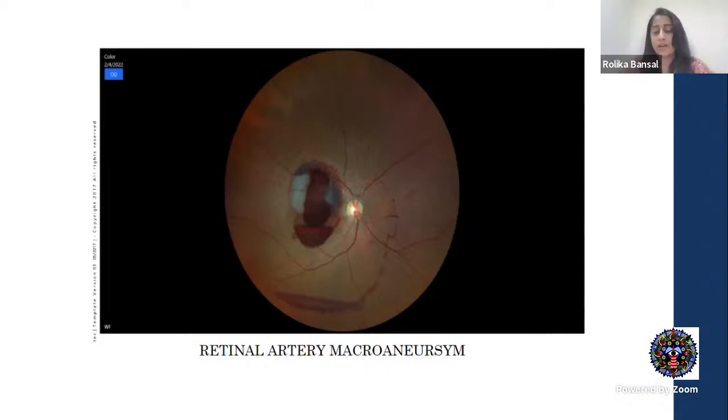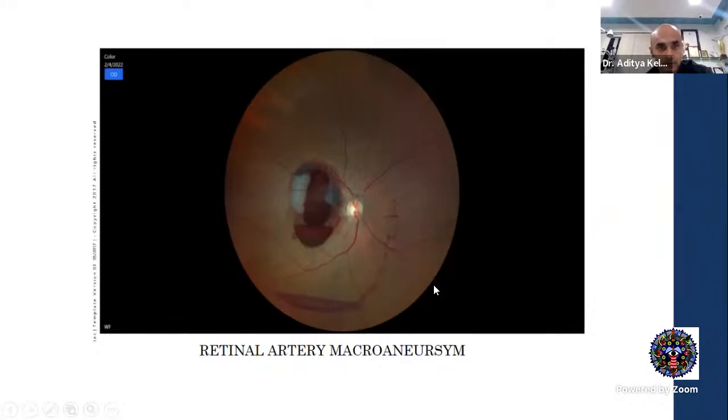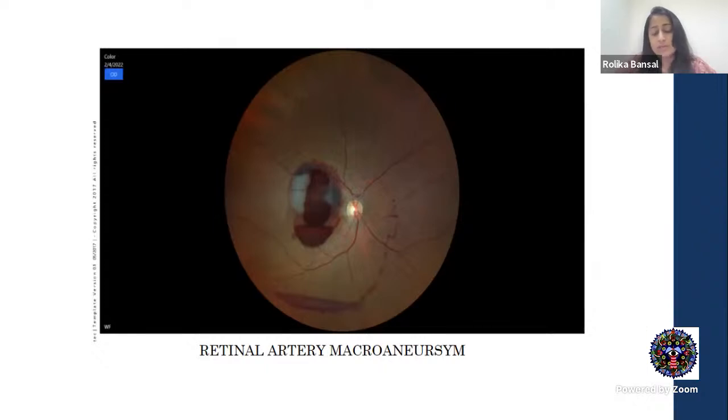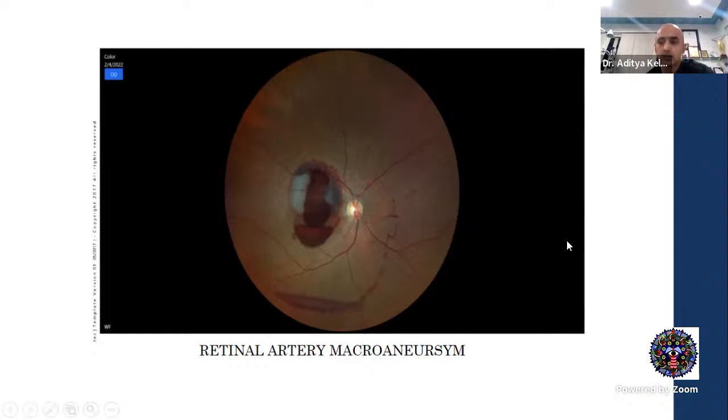Right, sir. So is it possible to get hypertensive retinopathy even if the blood pressure has been under control? No, I don't understand the question. I'm sorry, once again, please. Is it possible to get hypertensive retinopathy changes even if the blood pressure has been under control? Yes, it is possible to have stage 1, stage 2 type of hypertensive retinopathy changes, and they are also due to atherosclerosis.